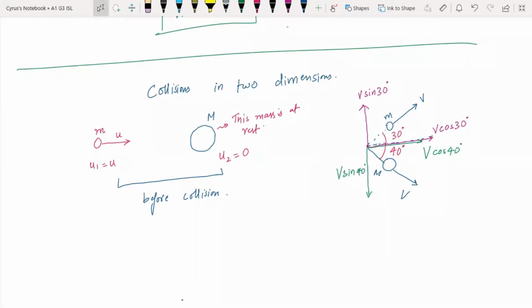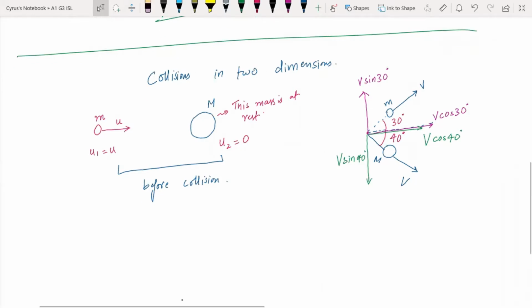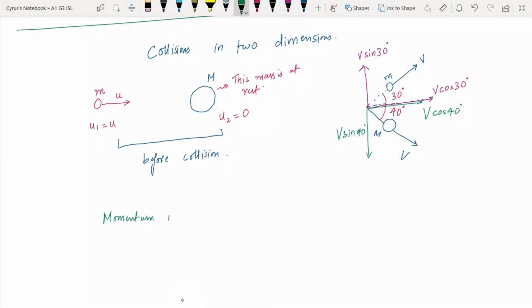Now, what you're going to do is you are going to treat the horizontal component of the momentum separately, and you have to treat the vertical component of the momentum before and after collision separately. So if I deal with the momentum in the horizontal direction first, you know the equation, the general equation is m1 u1 plus m2 u2 is equal to m1 v1 plus m2 v2, but you're going to transform that according to the components, right?